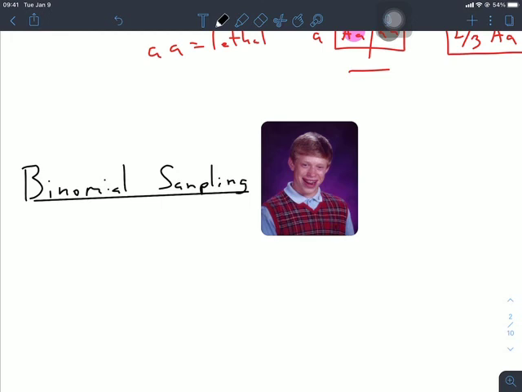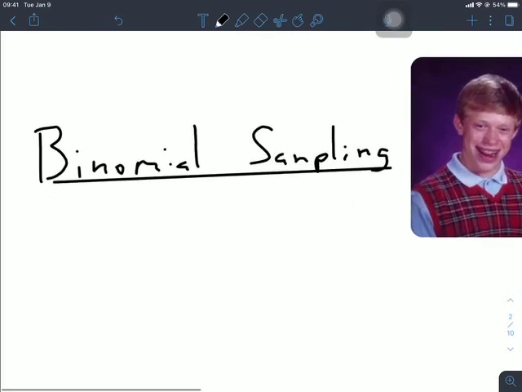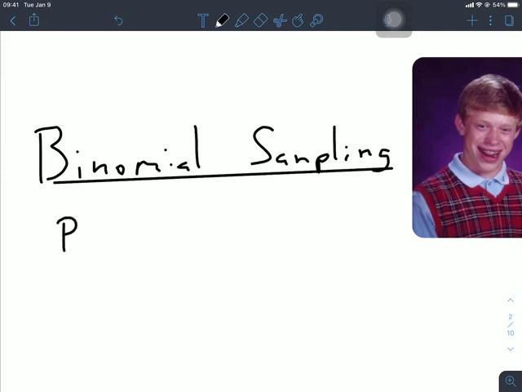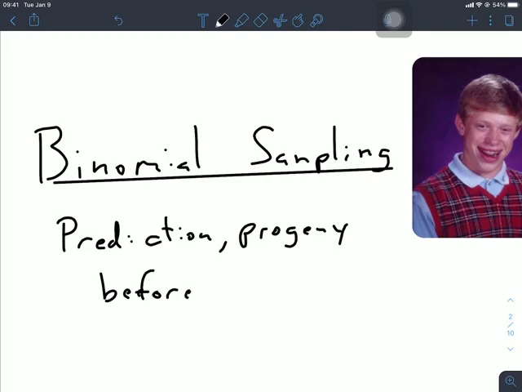Because binomial sampling wants to look at how many progeny you need to have before a success. It looks at prediction. The number of progeny before having the desired genotype. Oh, sorry, not phenotype, genotype.